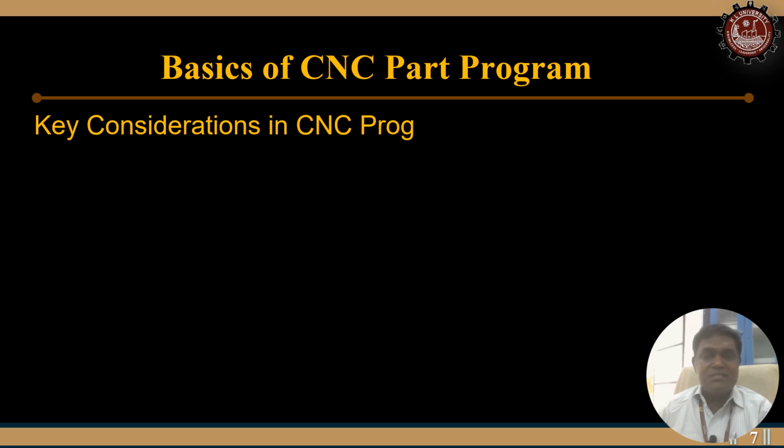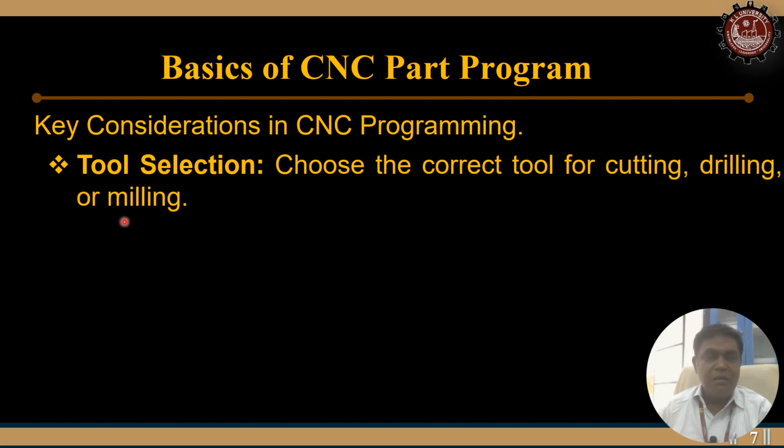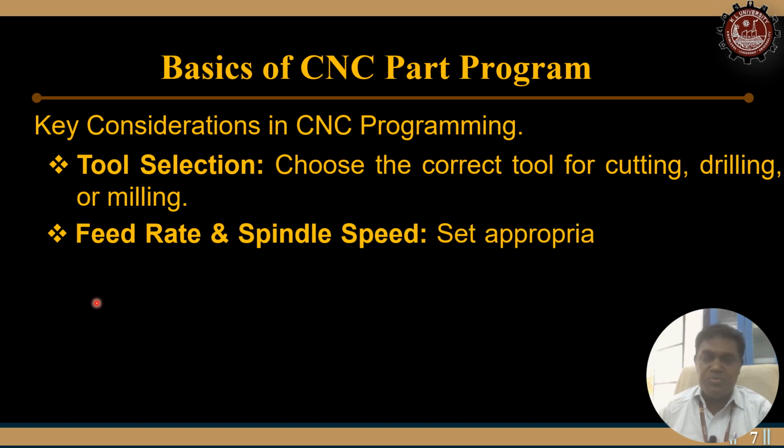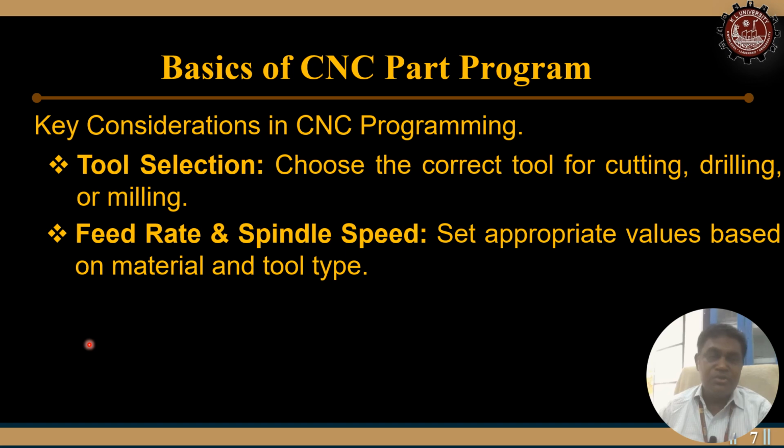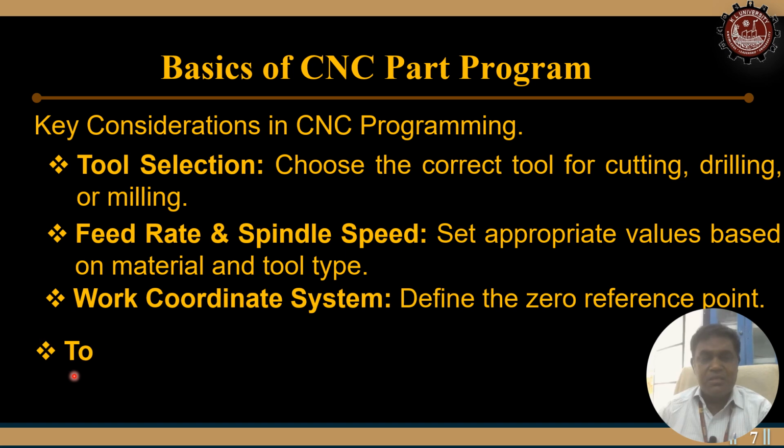Key considerations in CNC programming. The tool selection: choose the correct tool for cutting, drilling, or milling. The feed rate and spindle speed: set appropriate values based on the material and tool type. The work coordinate system: define the zero reference point.